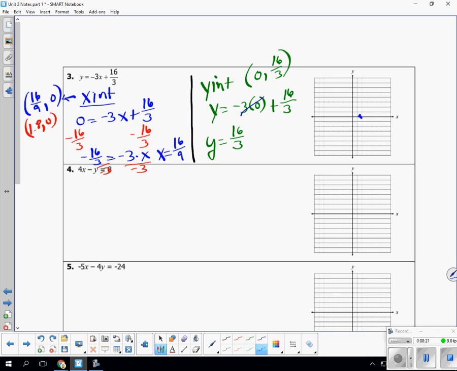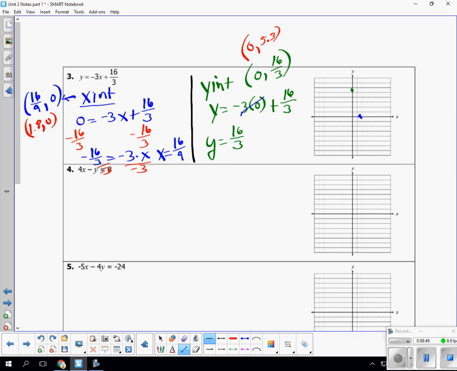And then 16 over 3, that is 5.3. So this one is really 0 and 5.3. So let's find it close on the graph here for us. So 0 for my x and 5.3. 1, 2, 3, 4, 5 is going to be right above, right there. And we can use those 2 points to graph our line.